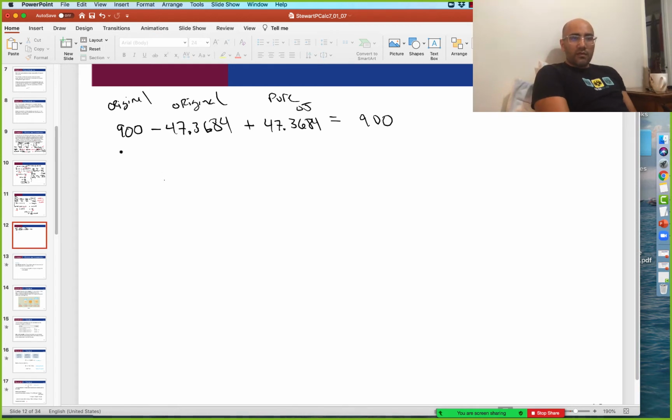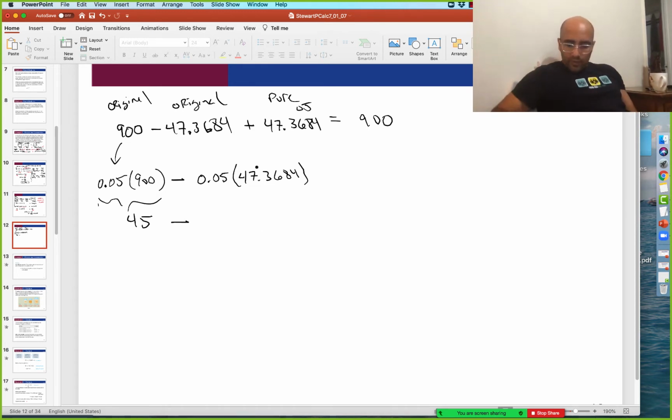Okay, so we have to focus on the actual orange juice. We knew that the original mixture was only 5% orange juice, so 0.05 times 900, and this is going to be 45 gallons of pure orange juice in the original mixture. From it, we started this process by removing these gallons, which are still 5%, right? The original mixture is still 5%. So we removed 5% of the 47.3684 from there.